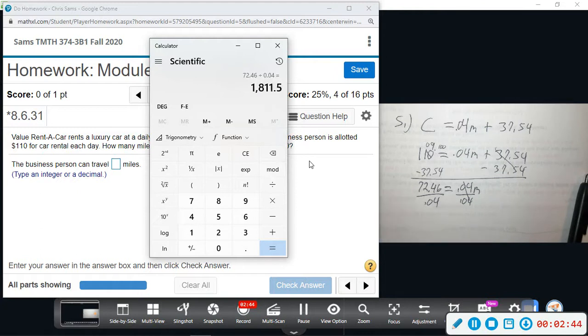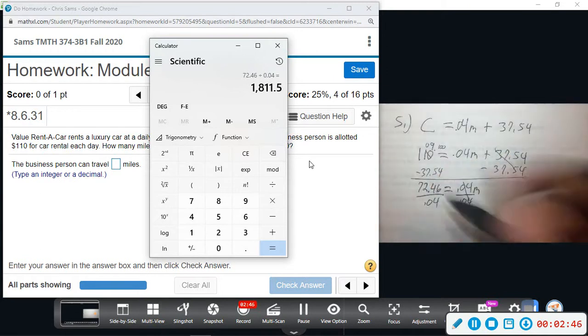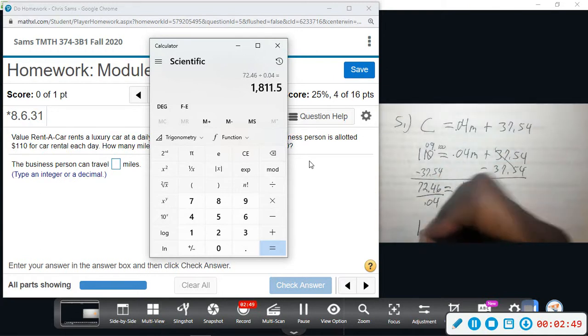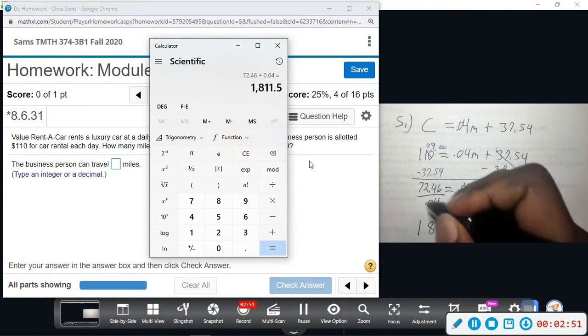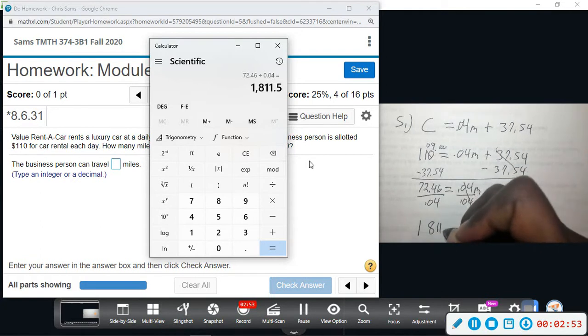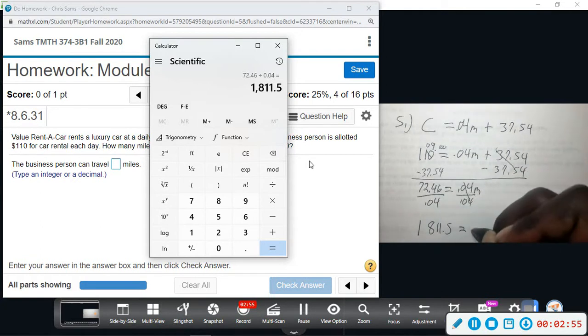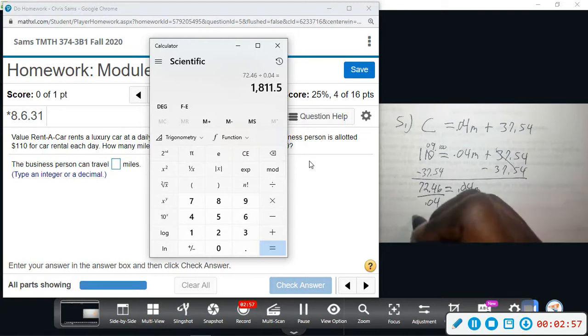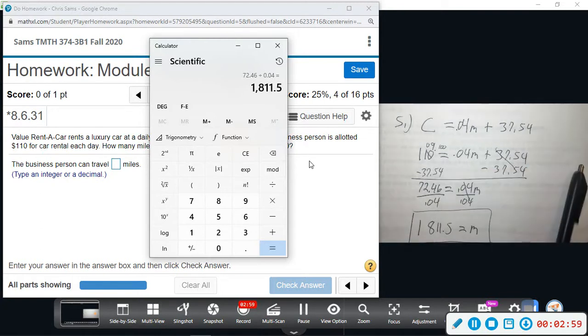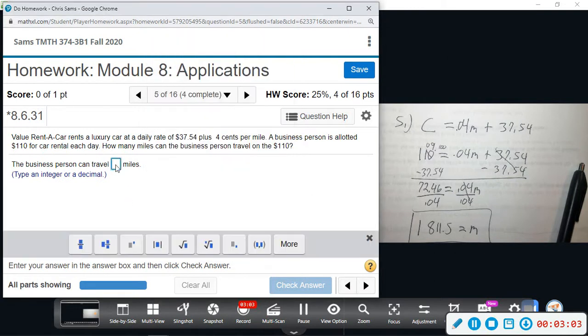That tells us that we can drive 1,811.5 miles. I don't believe we want to round, and it doesn't say. So 1811.5.